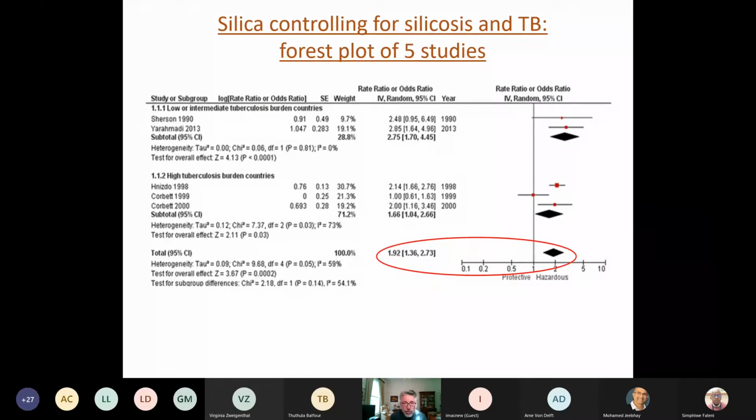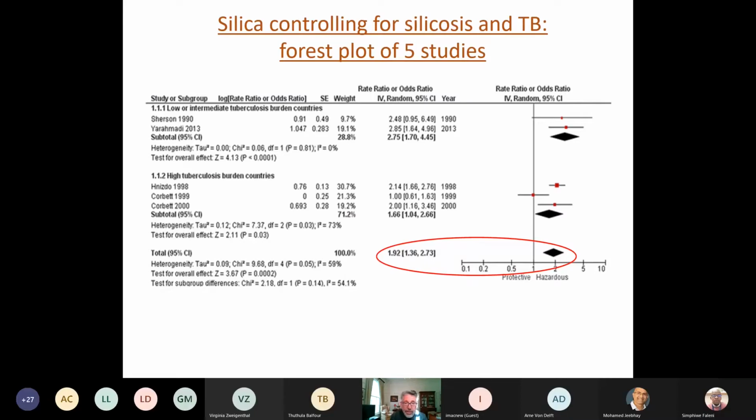Then we turned to the studies, and there were fewer of them, only 5, in which we were able to control for or remove the effect of silicosis.